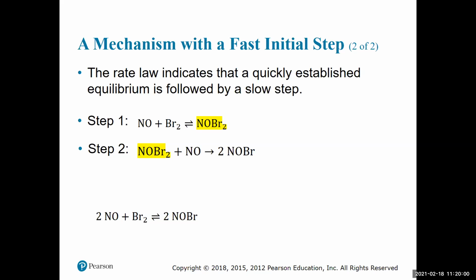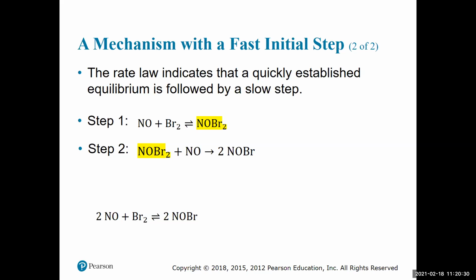Because now it's going to react with NO down here in step 2, and we see that arrow just goes one way, so that's not an equilibrium reaction. That's simply NOBr2 reacting with NO to give us NOBr. So what's going to happen is we have this equilibrium going on in step 1. As we produce NOBr2, it's going to react with NO down here and form the NOBr.